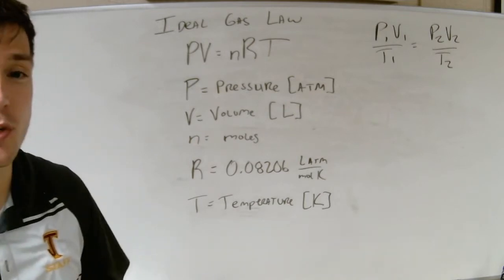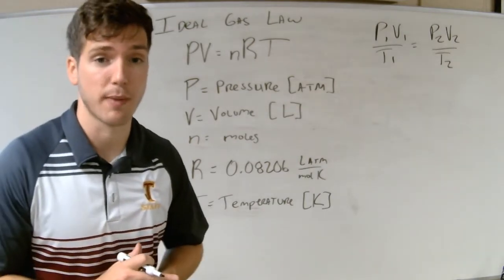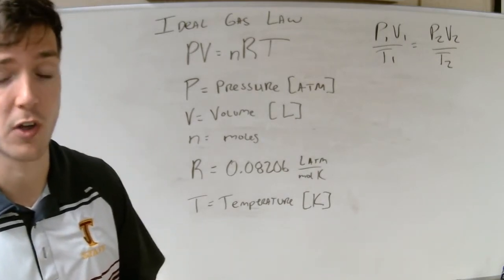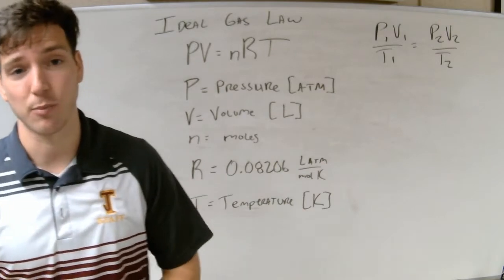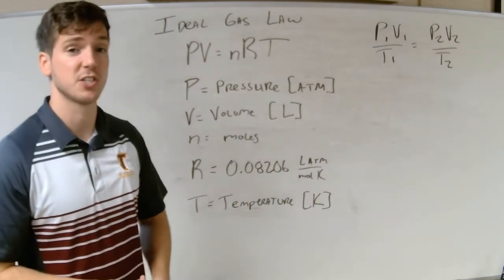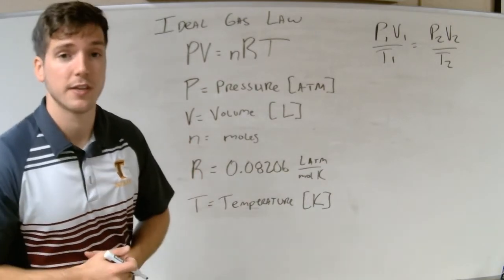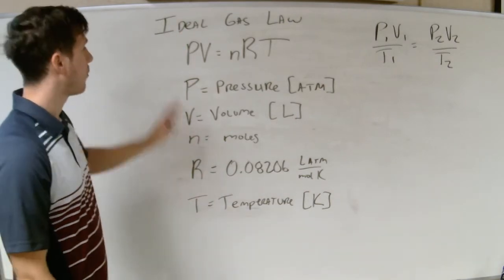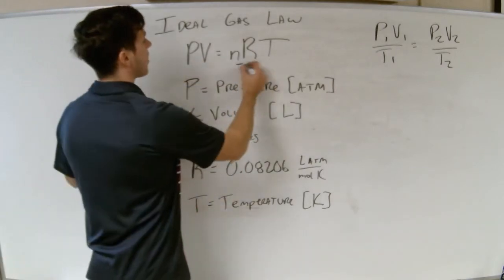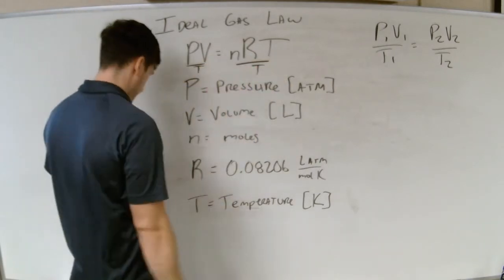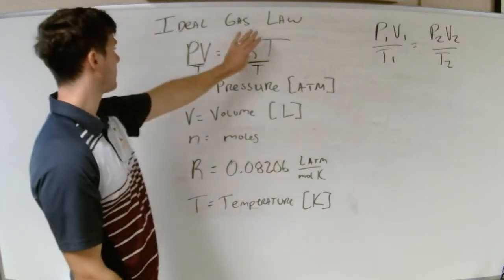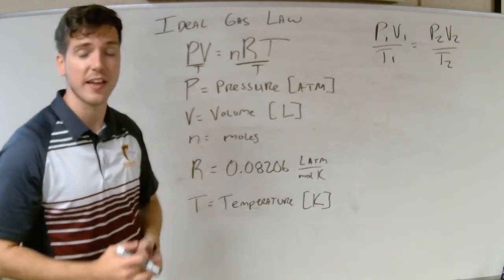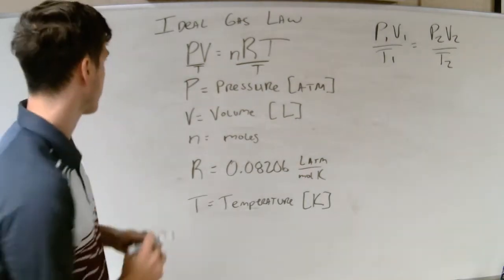Say you get a question that wants you to compare initial pressure, initial volume, initial temperature to the final pressure, final volume, and final temperature. We just use the ideal gas law to figure out that equation. If I want to get pressure, volume, and temperature together on one side, for the ideal gas law, I would just have to divide by T. If I divided by T, that would put pressure, volume, and temperature on the same side. Hey, that looks a lot like my combined gas law.